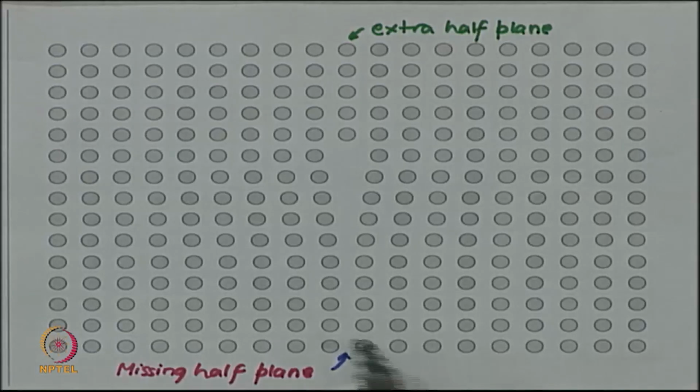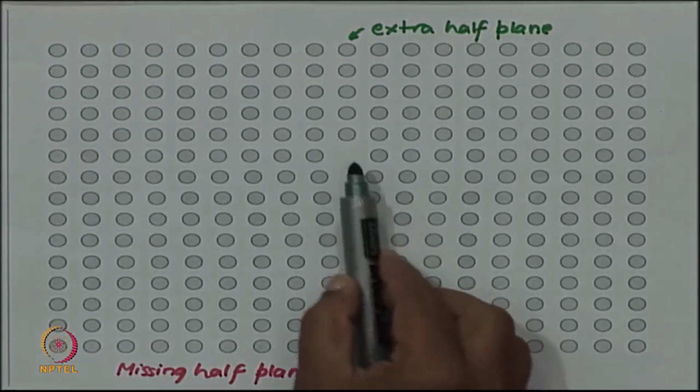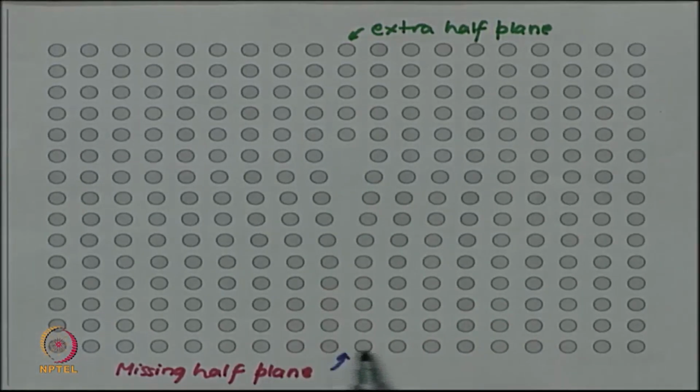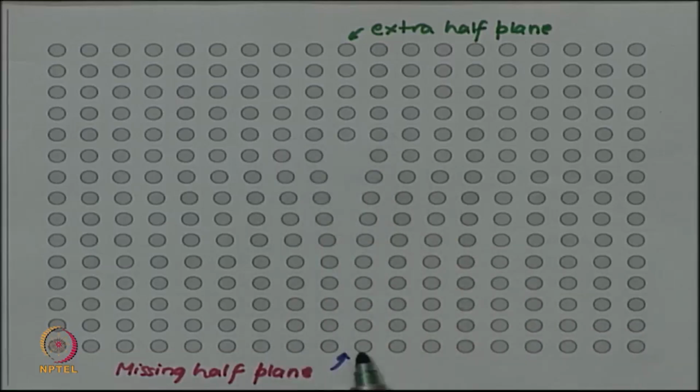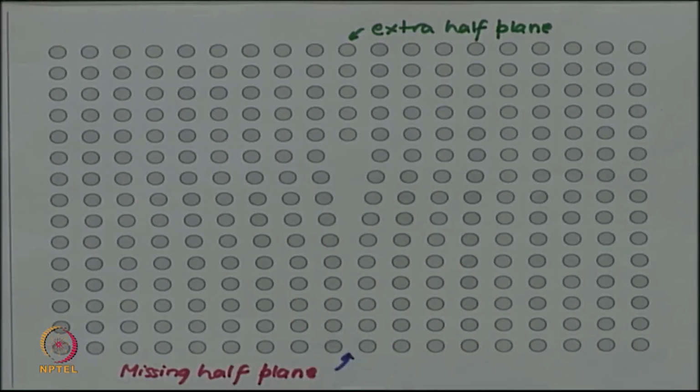And now, I have allowed these atoms on the lower half to relax together, so that they have again come away from this region, they have again come close to each other, and they are perhaps at the equilibrium spacing.